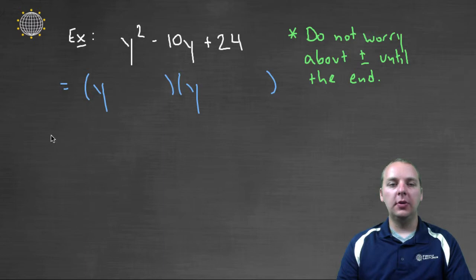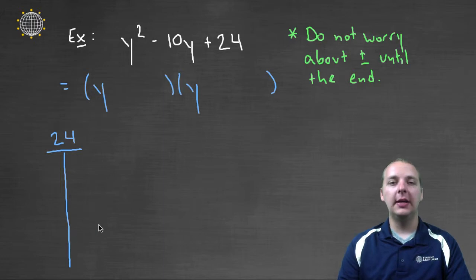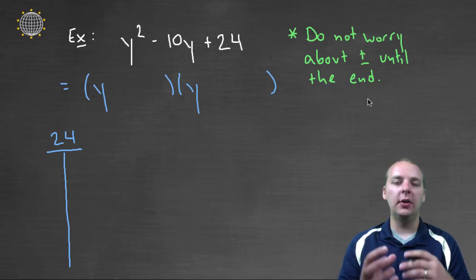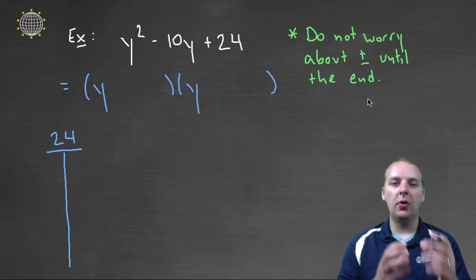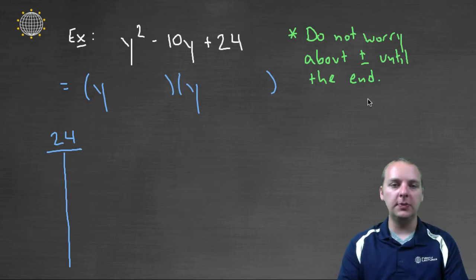So what I'm going to do is I'm going to make a list of everybody who multiplies to 24, and that's a long list. And so here's something I do, and other instructors will teach this in a slightly different way, but I teach my students to not worry too much about the pluses and minuses until the very end, until they're doing a final check on their pairs that they choose.